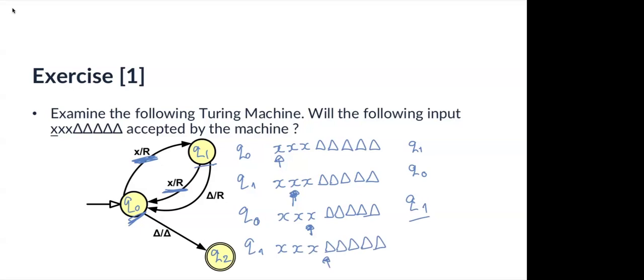And in Q1, because we read delta, we will go to the right, and then we go to Q0.